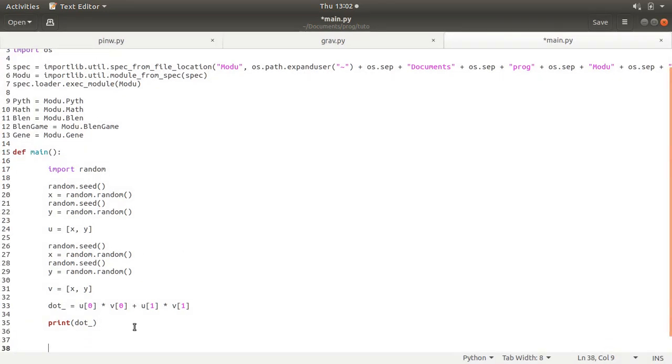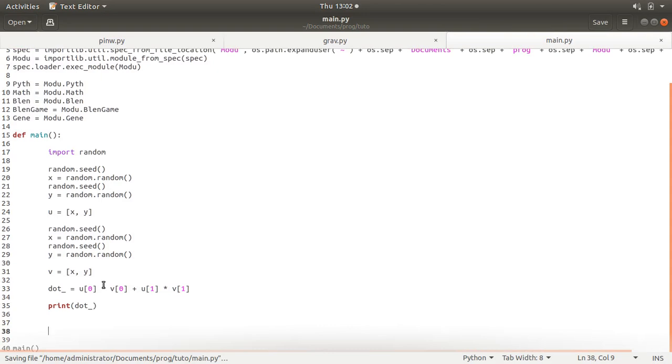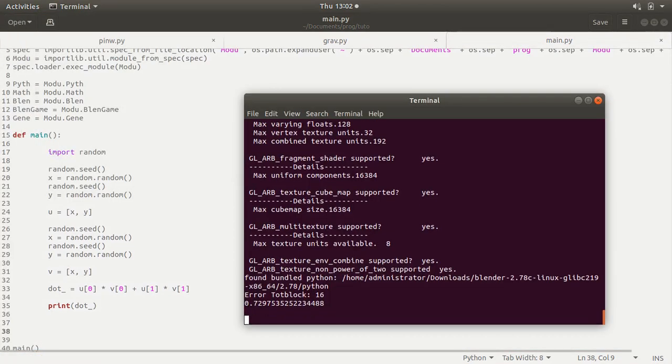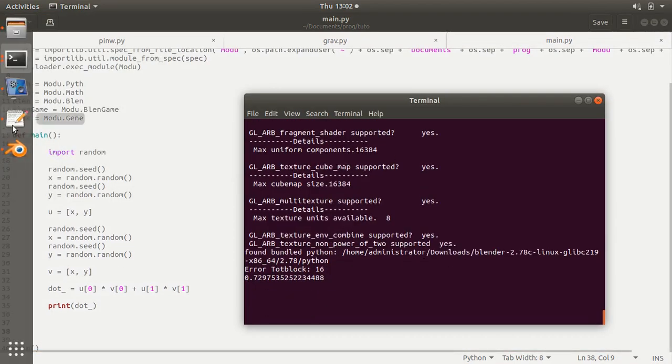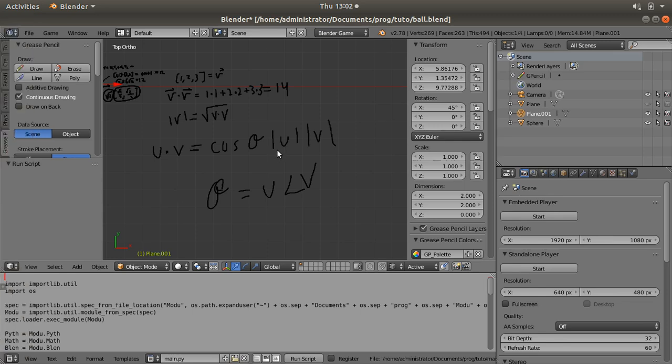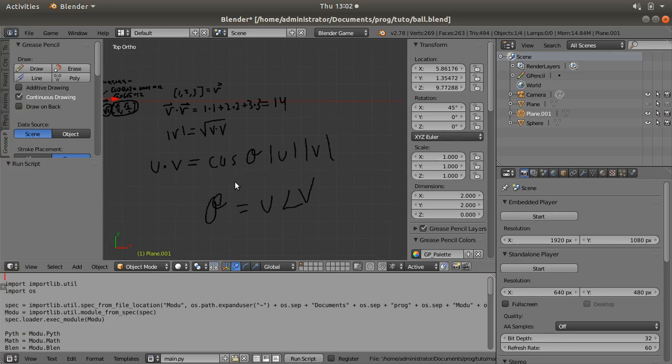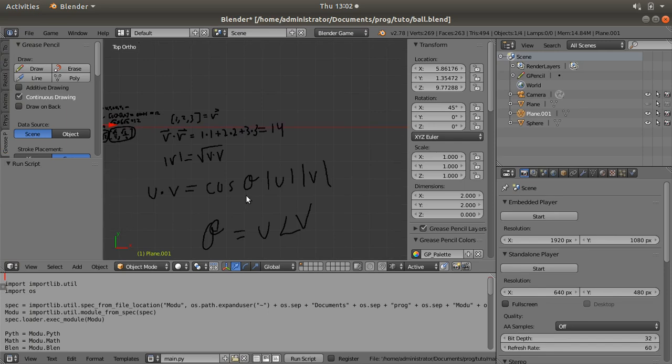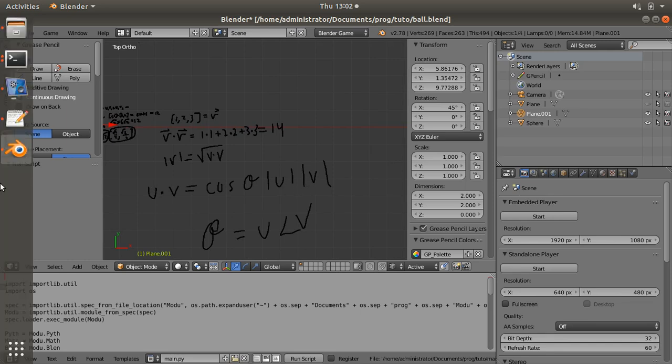So let's do it this other way. So first I'll find the mag of u and the mag of v.